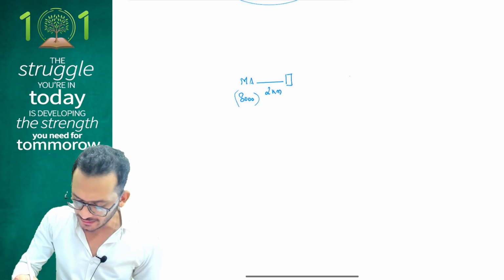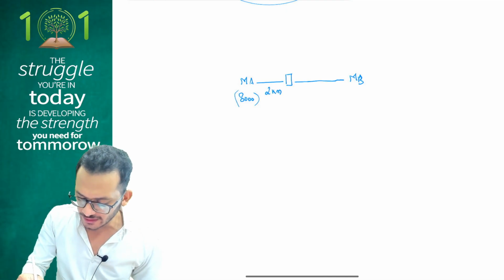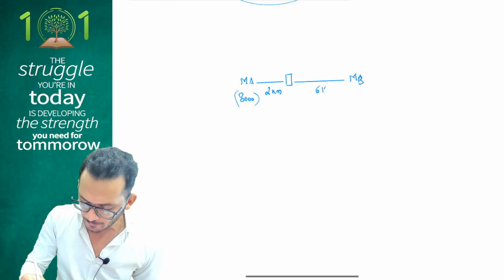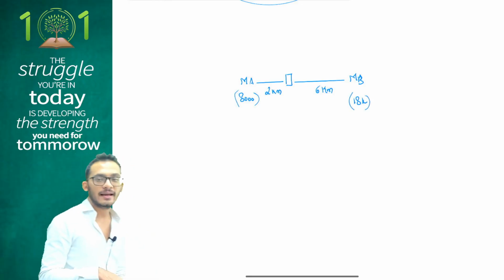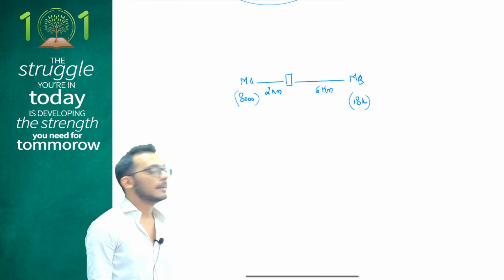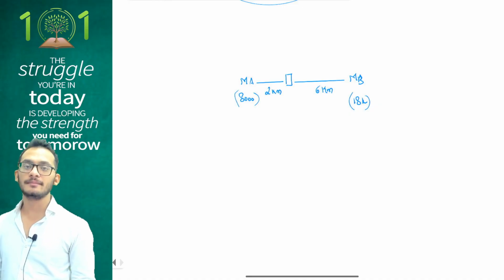I have a municipality B also. From municipality B, the distance is about 6 kilometers, and the population size is 18 lakhs. Question, is this a rural land or an urban land?